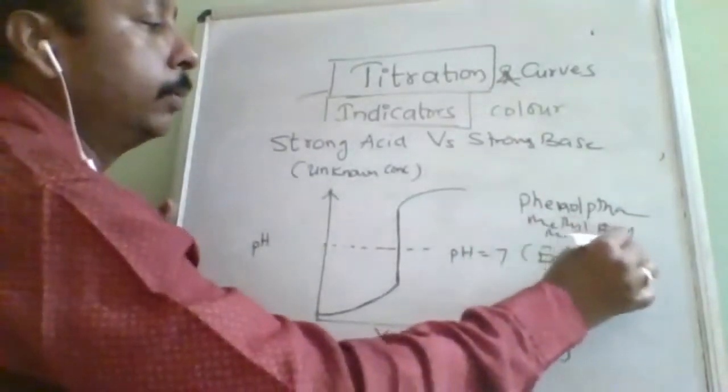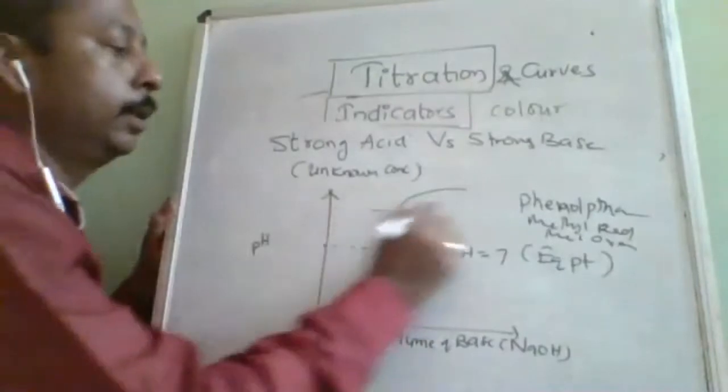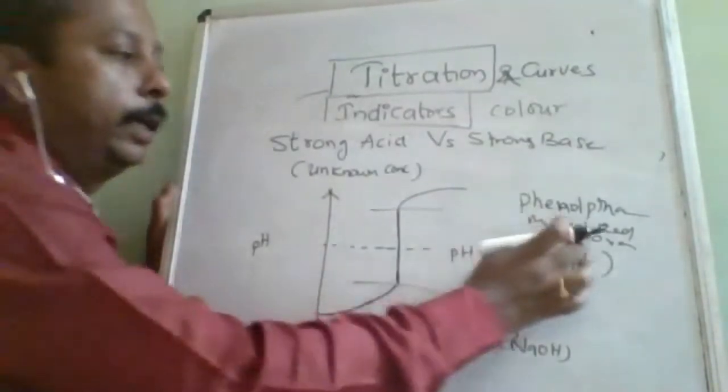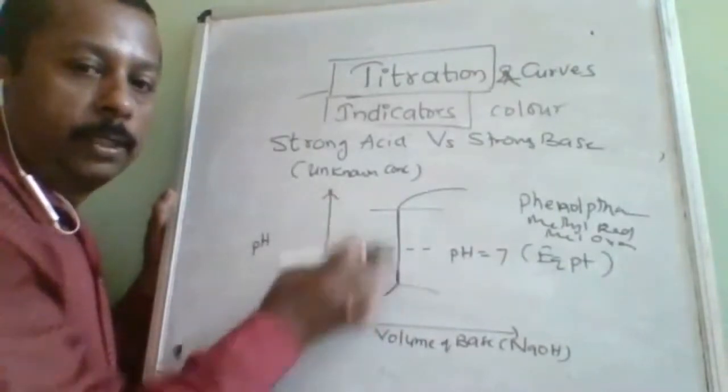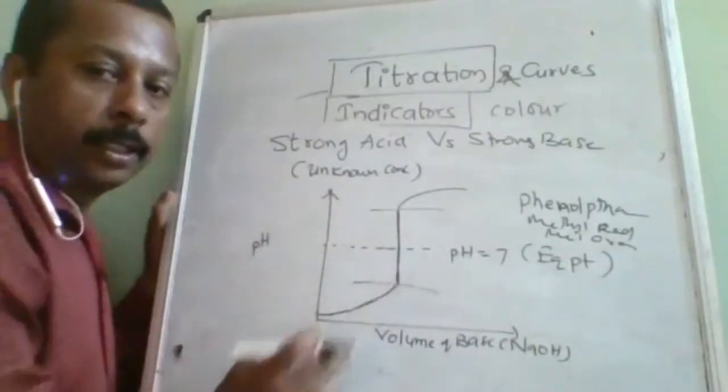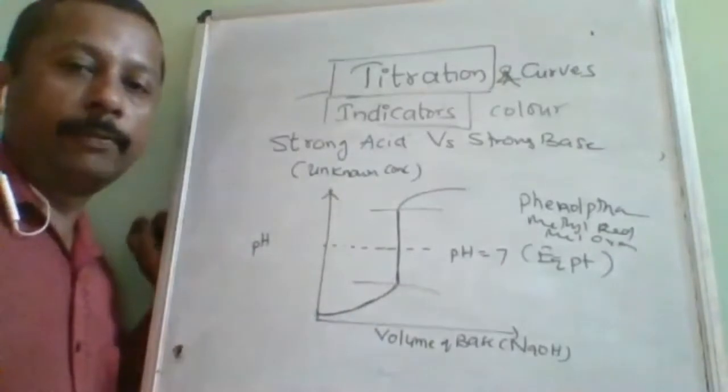All of them are suitable because this is the range. Our indicator's pKin value should be in between. So there is a wide range.